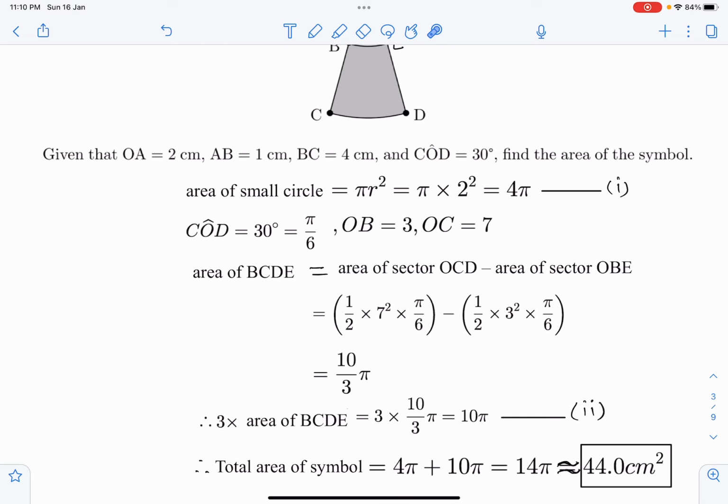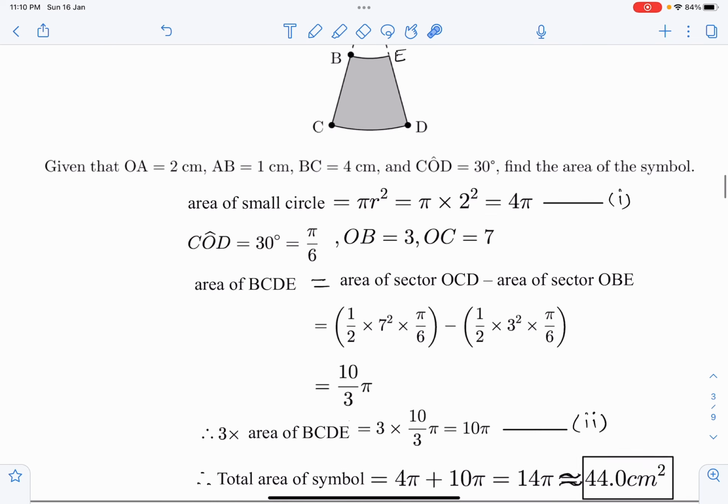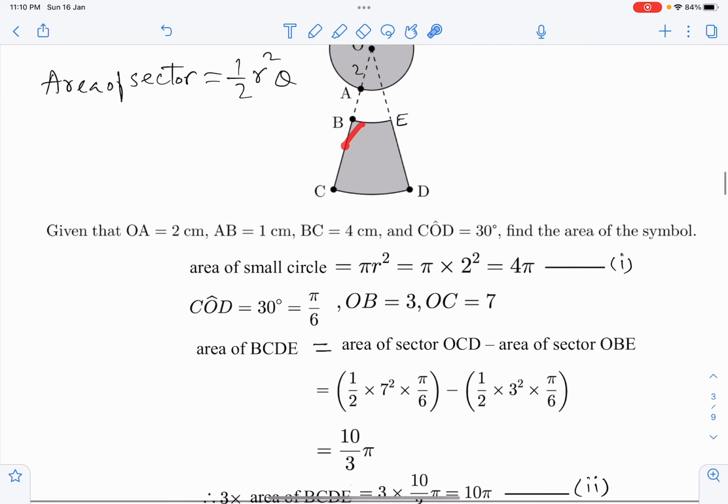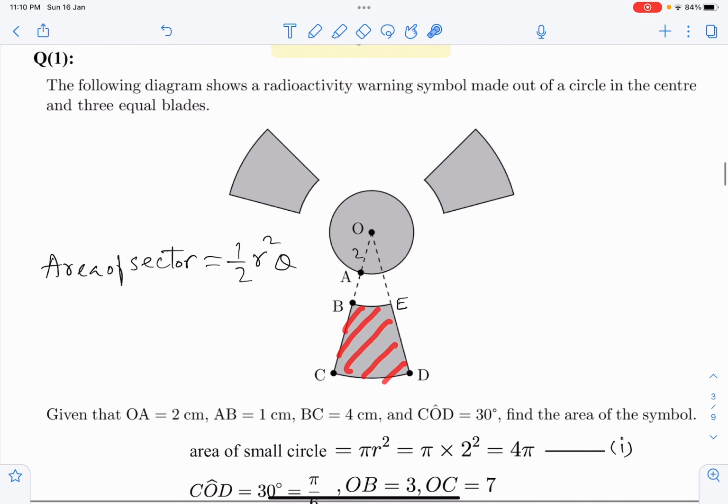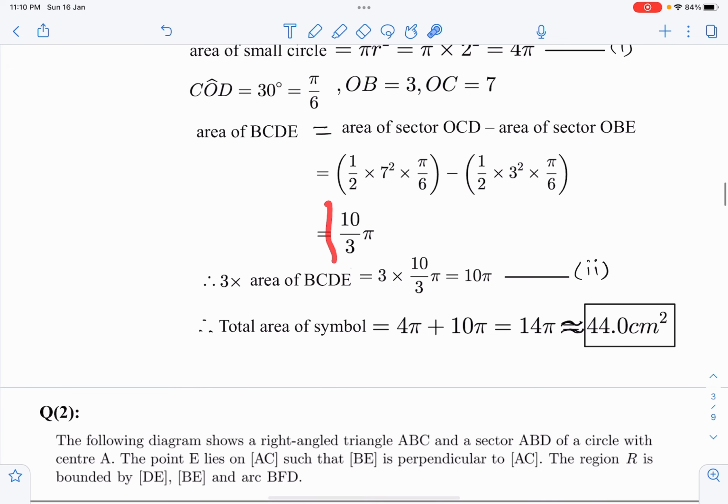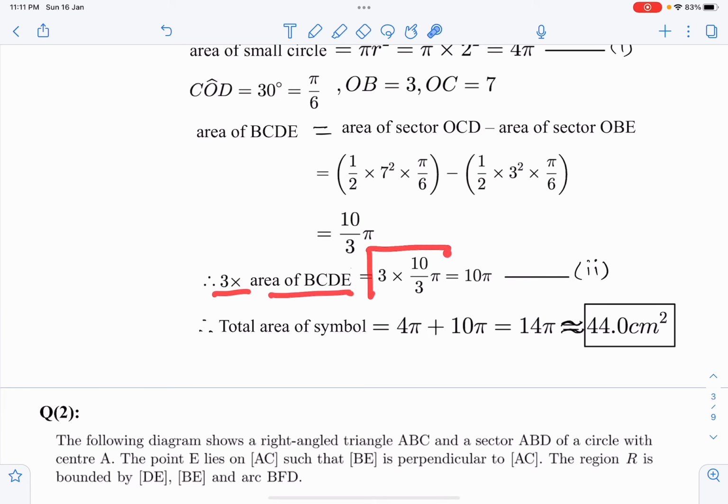I'll keep it in terms of pi. Now this is the area of only one shaded region. Like that, in this radioactive warning symbol, I have 3 parts, 1, 2, 3. So my answer will be multiplied by 3. So 3 times area of BCDE is 3 times 10 by 3 pi, which will be 10 pi.